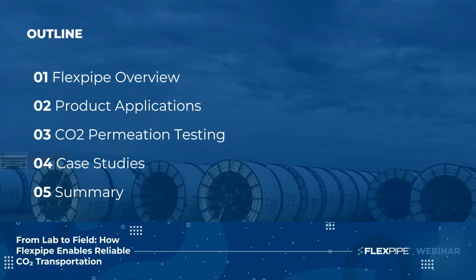We will then dive into CO₂ permeation testing, discussing our methodologies and reviewing the permeation rates at different phases of CO₂. After that, I'll share some real-world case studies to illustrate Flexpipe's track record in CO₂ transport. Finally, we will wrap up with a summary of key takeaways and open the floor for your questions.